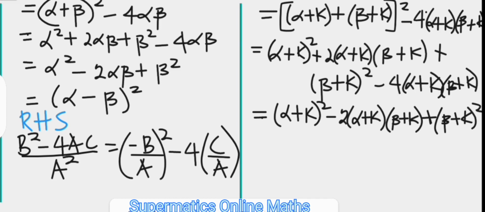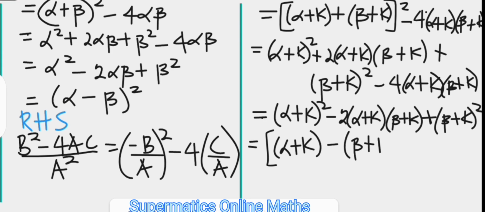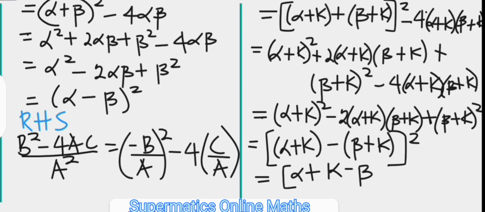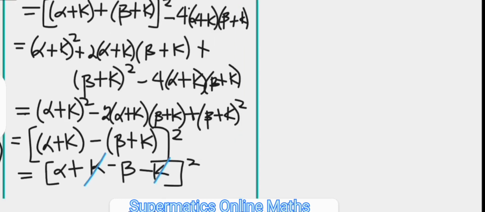This is another perfect square that can factor out as alpha plus k minus beta plus k all squared. Then working on what we have in the bracket, we'll be having alpha plus k minus beta minus k all squared. Here, take out minus k, leaving us with alpha minus beta all squared.